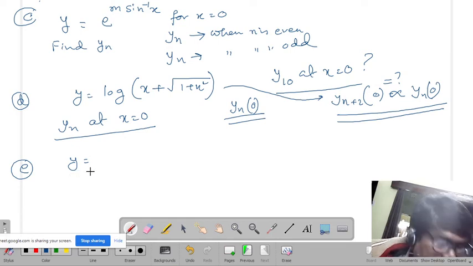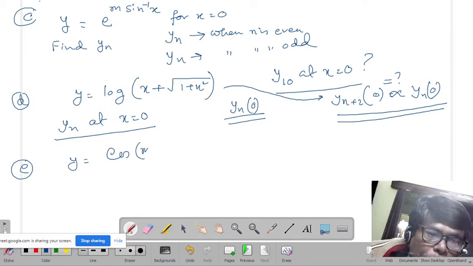This fifth sum is that y is equal to cos of m sin inverse x.